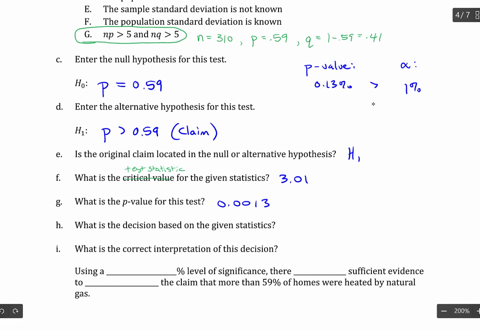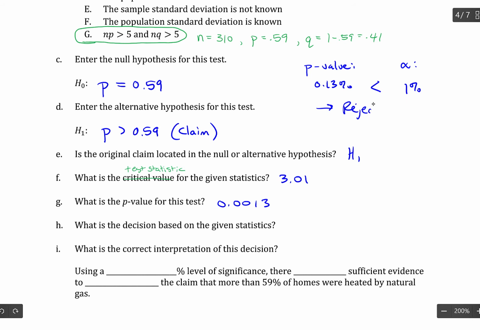All right, so the p-value is, oh, sorry, it's not greater. That's why we change it to a percentage, because sometimes it's easy to scroll over leading zeros and where the decimal is and just kind of focus on whole numbers. But 0.13 is certainly smaller than 1. So p-value is less than alpha.